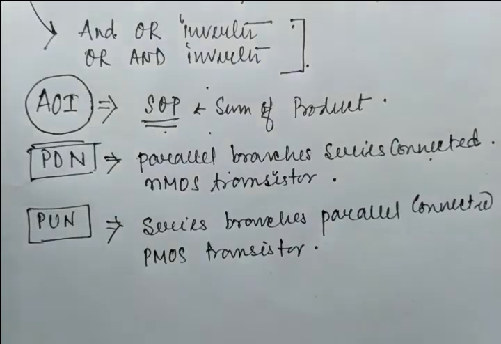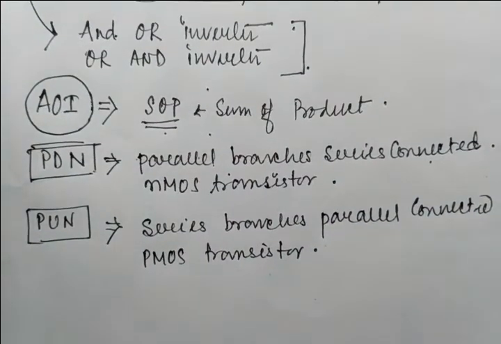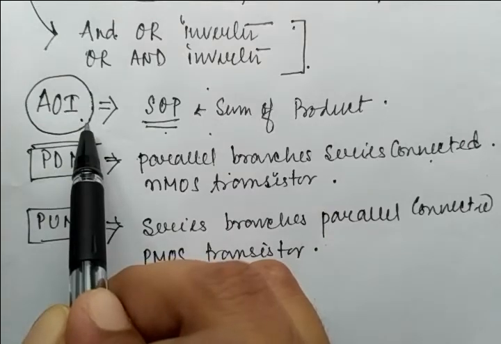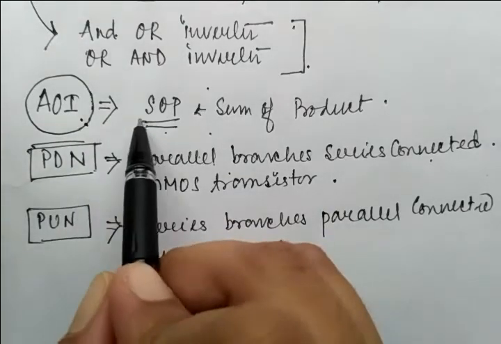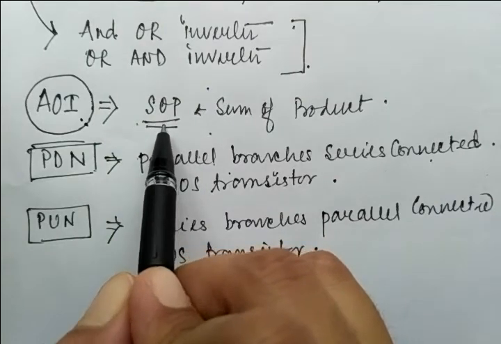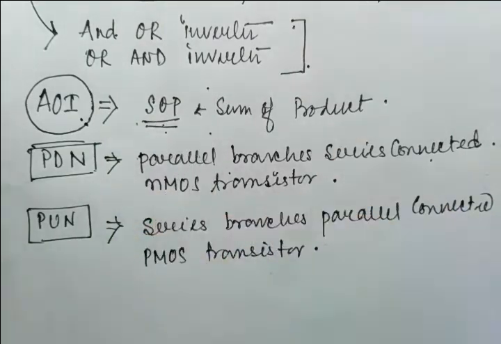Clear? Again I am saying that to implement AOI logic for an SOP, that is sum of product Boolean expression, we have to design the overall circuit as below.